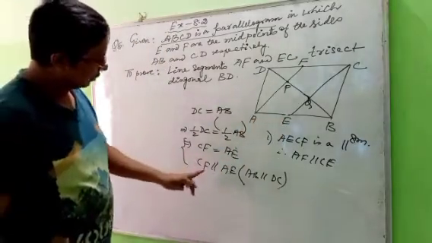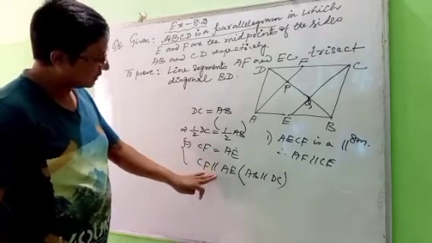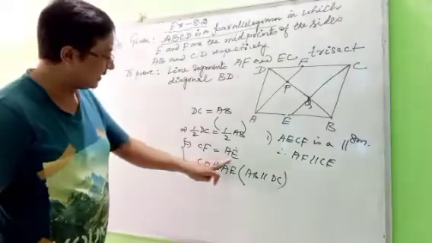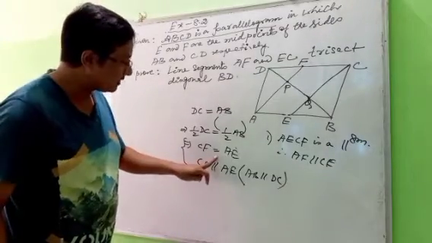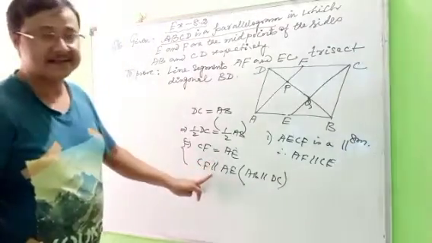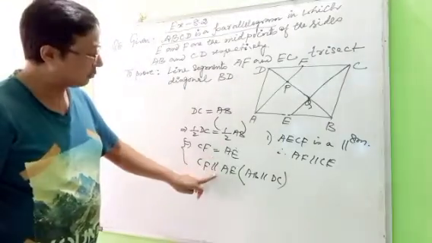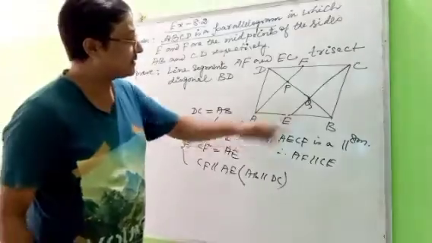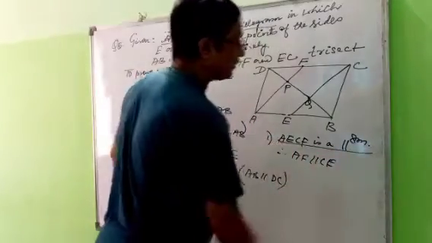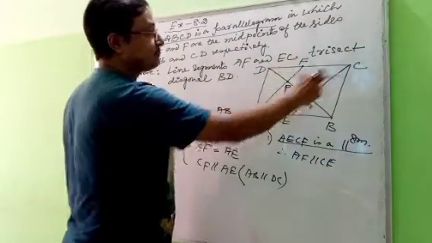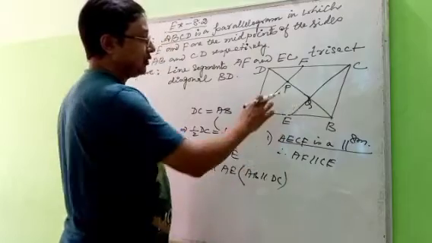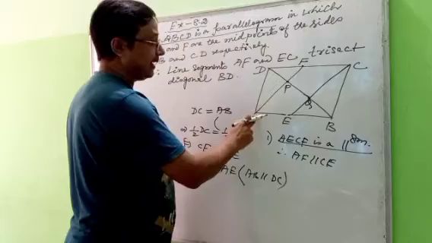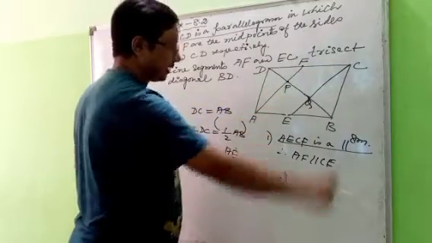You have got one pair of opposite sides, CF and AE, equal as well as parallel. The same pair of opposite sides is equal as well as parallel. Therefore, AECF is a parallelogram, which means AF is parallel to CE. So you have made these two lines parallel by making the figure AECF a parallelogram.